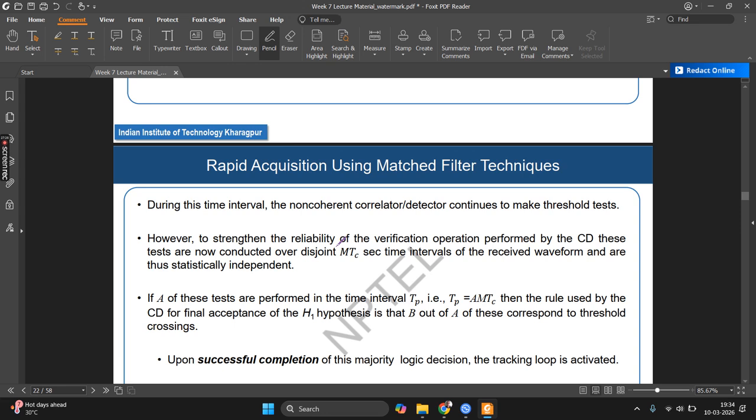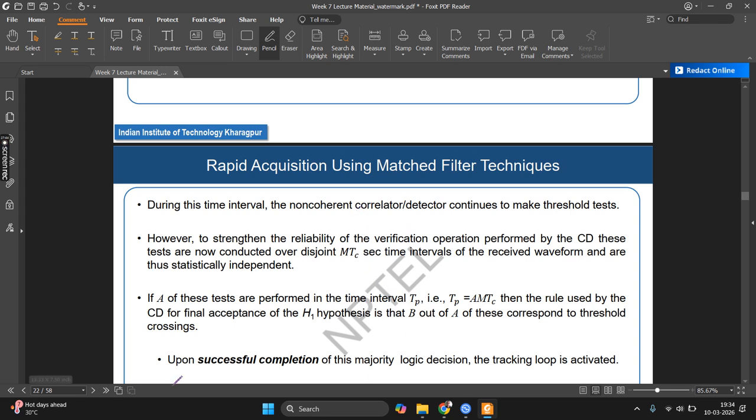So there might be a chance that you will commit an error. However, to strengthen the reliability of this verification process performed by the coincidence detector, these tests are now conducted over disjoint MTc second time intervals.